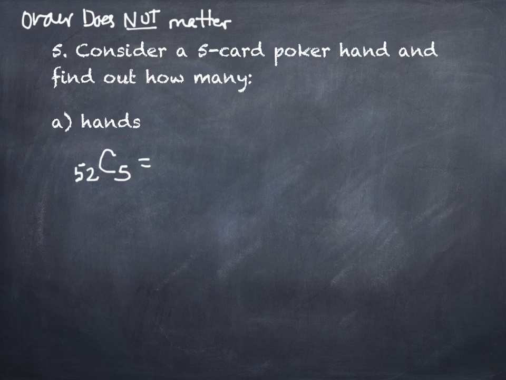All right, so what's my numerator going to be? 52 factorial. What's my denominator? 5 factorial. Good, thank you, Garrett. 5 factorial, 47 factorial. Right, because the 5 and the 47 add to the 52.